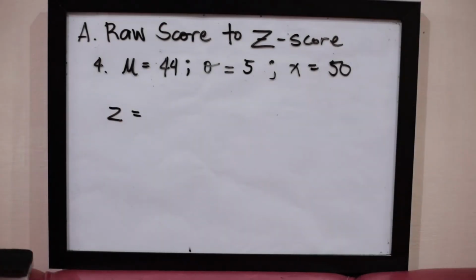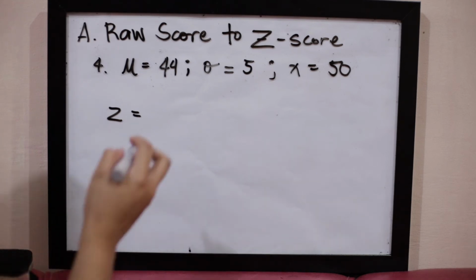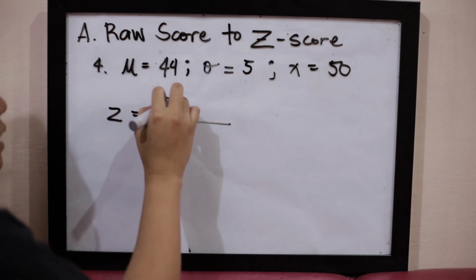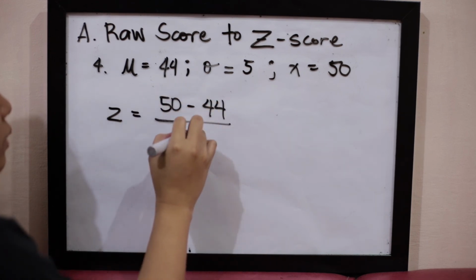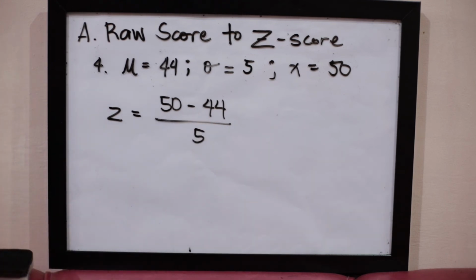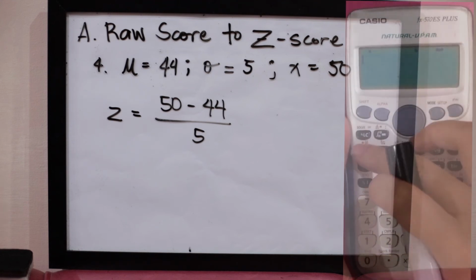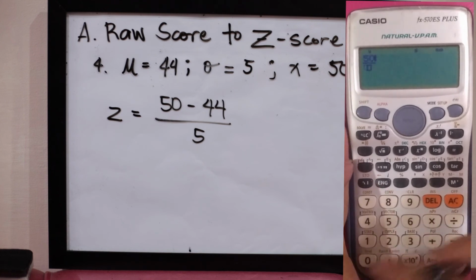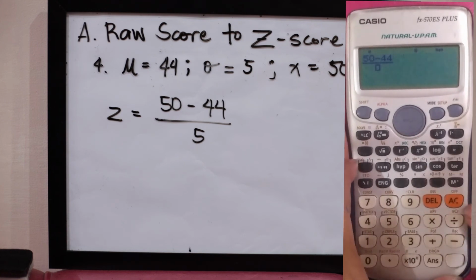Next, fourth problem. If mean is equal to 44, standard deviation is equal to 5, and the raw score is equal to 50. Again, we just use the formula for the C-score na 50 minus 44 all over 5. If your calculator is a 4-liner, this will be the display: 50 minus 44 all over 5.